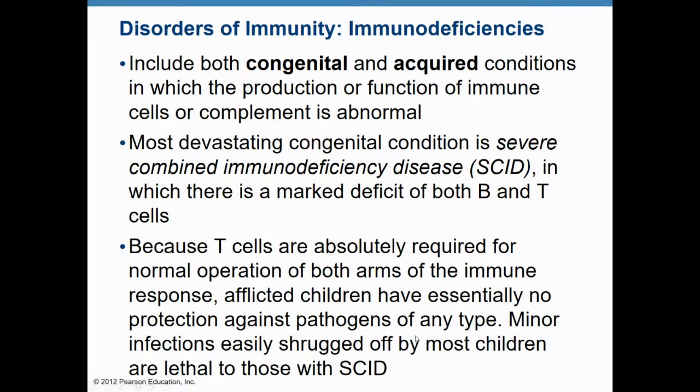The most devastating congenital disease is called severe combined immunodeficiency disease. It's abbreviated SCID, and this is when there is a marked deficit in both B and T cells.